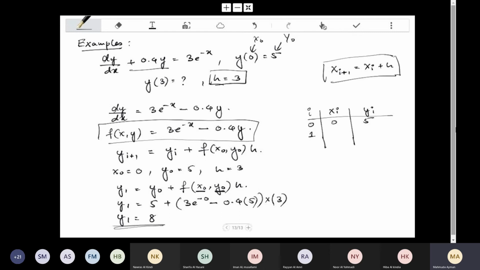So here we have x_i is 0 plus h is 3 for us in this question. So we have 3, and y_i we got for y1 is 8. So here this is the value for y of 3. So we can say y at x equal to 3 is equal to 8. That's our solution.